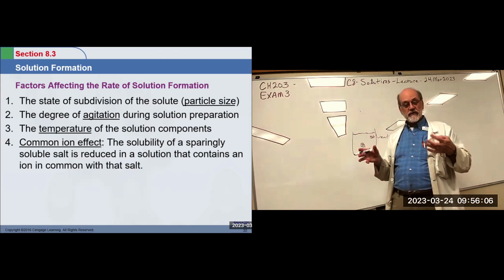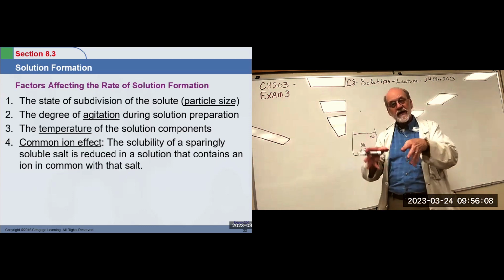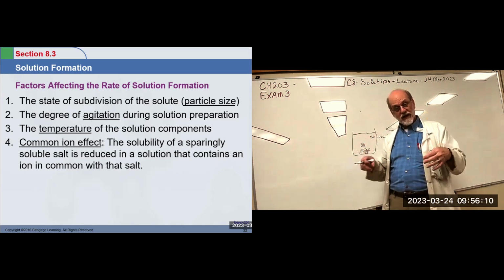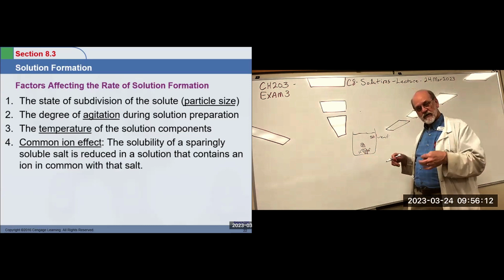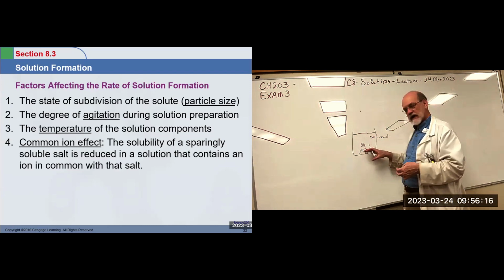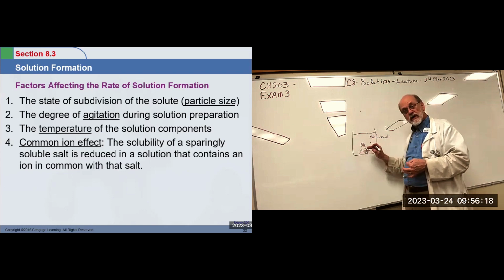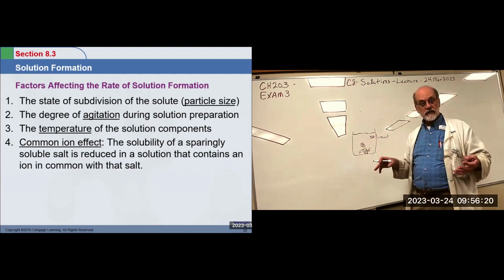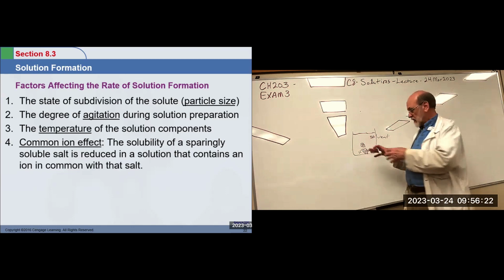Which obstructs more water from coming in and removing more ions. Right? So there's what we call a concentration gradient of sodium and chloride ions around the cube that obstructs more solution. So it takes longer.